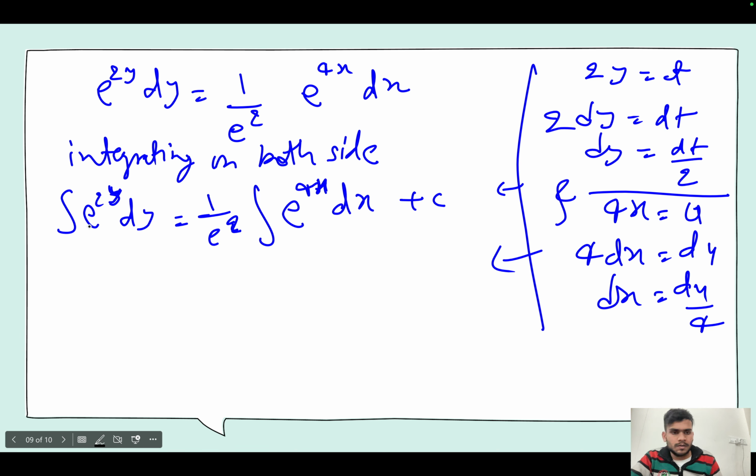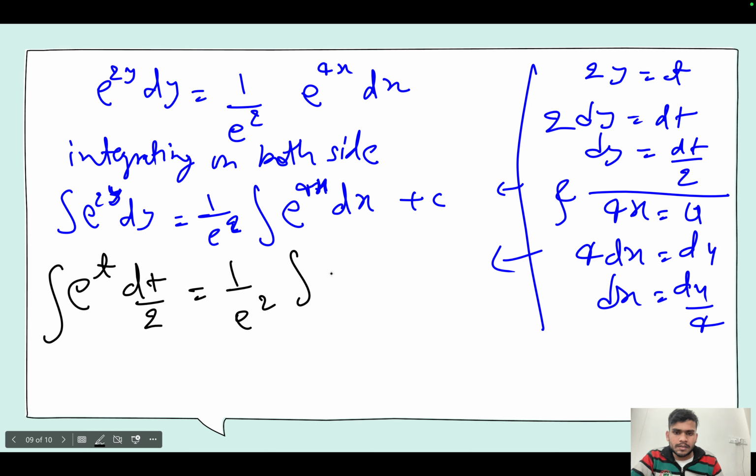So it will become like this: dy is equal to dt by 2 and e to the power 2y is equal to e to the power t, and dt by 2, and 1 upon e square, and e to the power 4x is e to the power u and dx is equal to du by 4, so du by 4 plus c.